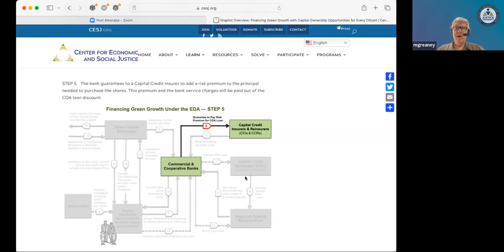And that discount is usually amortized over the life of the loan. It's not paid all at one time. So say you have $100,000 in 10 payments of $10,000 each.